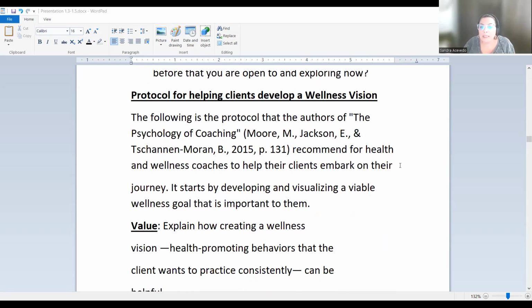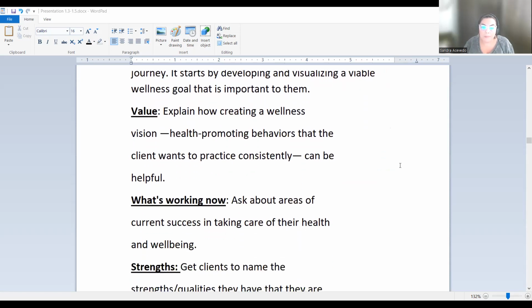Protocol for helping clients develop a wellness vision. The following is the protocol that the authors of The Psychology of Coaching recommend for health and wellness coaches to help their clients embark on their journey. It starts by developing and visualizing a viable wellness goal that is important to them. Values: explain how creating a wellness vision, health-promoting behaviors that the client wants to practice consistently, can be helpful.